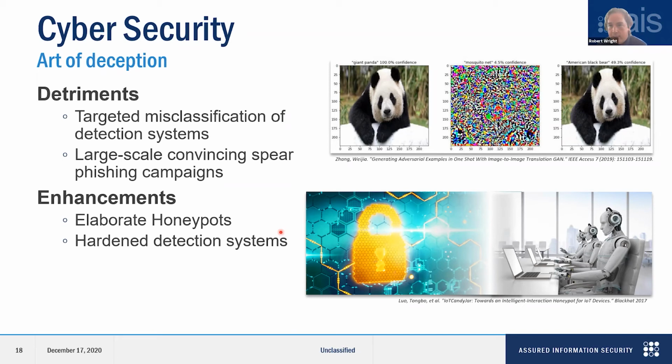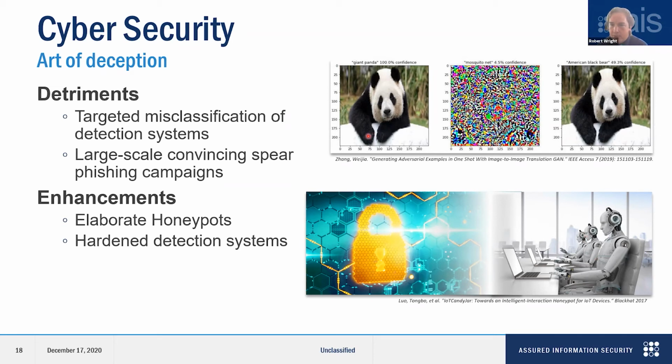So not only is this effective at fooling humans, but it can also be extremely effective at fooling machines. So one of the obvious uses of it is in targeted misclassification in detection systems.